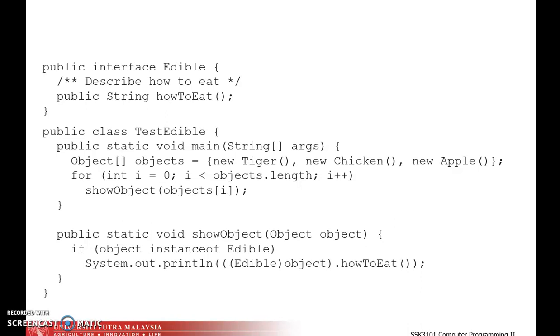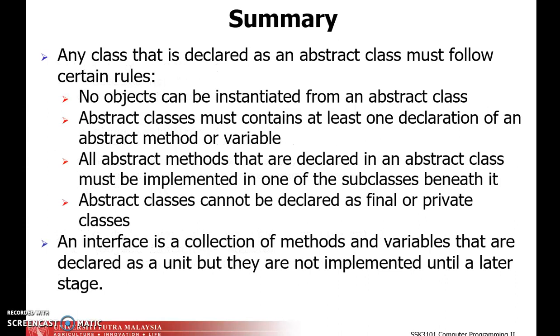From this example, we can observe the relationship between classes and interface, and perhaps how we are able to construct and execute methods from the interface. Okay, we are at the end of the chapter. This slide summarizes all the contents that we have learned in abstract class and interface.